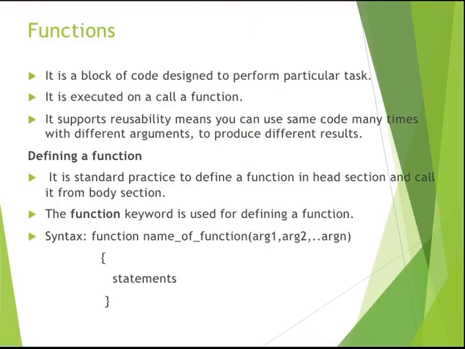Then open the curly bracket, write whatever code you need in the function, and then close the curly bracket. The functions can be written in two ways: with arguments or without arguments. So there are two ways of writing it, function with arguments and function without arguments.